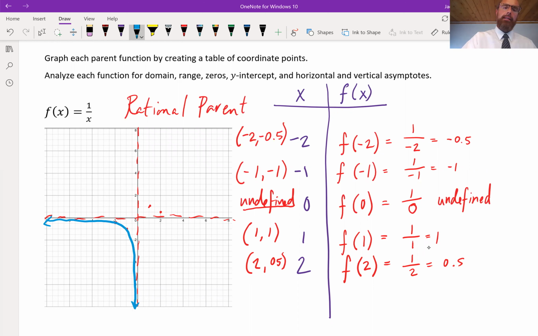The other branch of the function starts up in quadrant 1, on the right side of the vertical asymptote, and it also veers to the right and hugs that x-axis, the horizontal asymptote. So an unusual function that has 2 separate branches, 2 separate pieces.